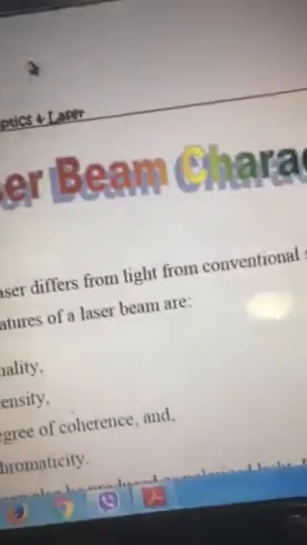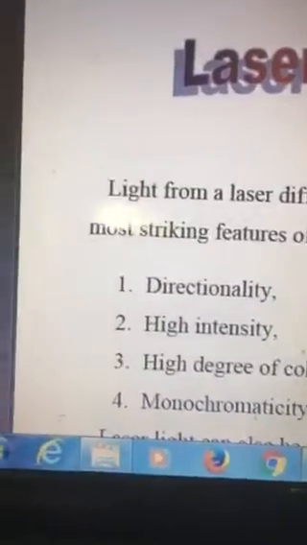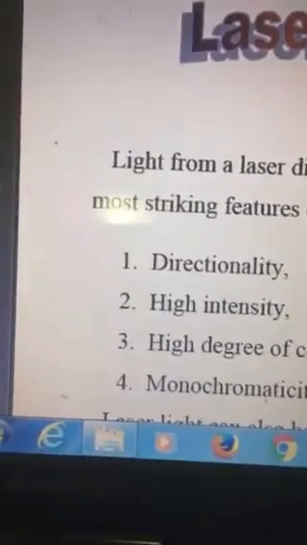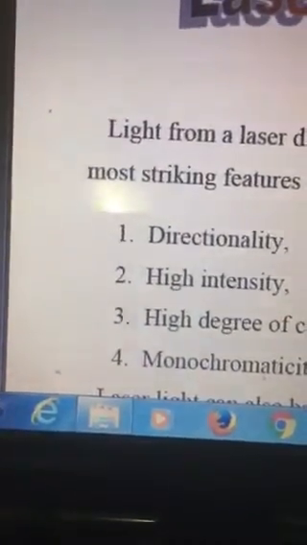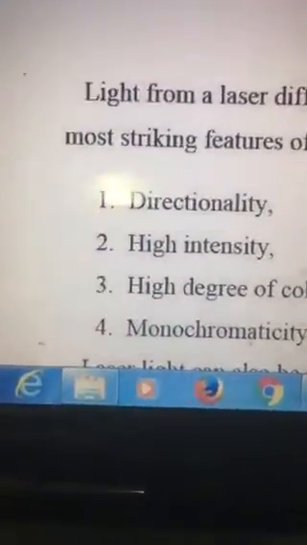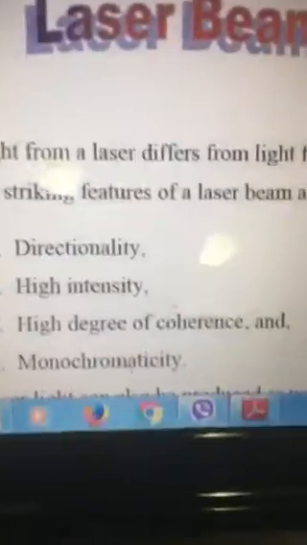The most striking features of the laser beam are directionality and high intensity, high degree of coherence, and monochromaticity. Monochromaticity means the unique wavelength.